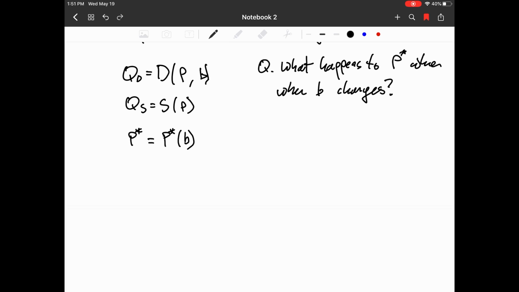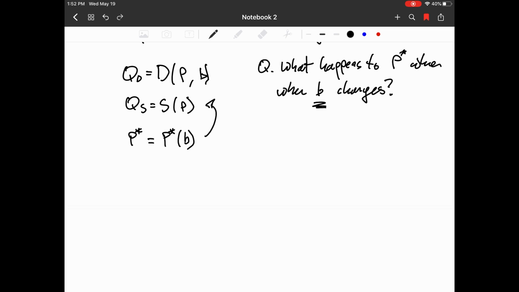And we're going to use this to substitute into our supply and demand curves, our equilibrium solution. So all we're doing here is just saying there is an equilibrium, and the equilibrium price is p star. So in equilibrium, what happens when b changes?